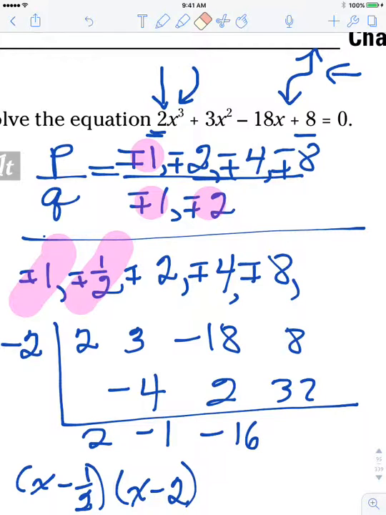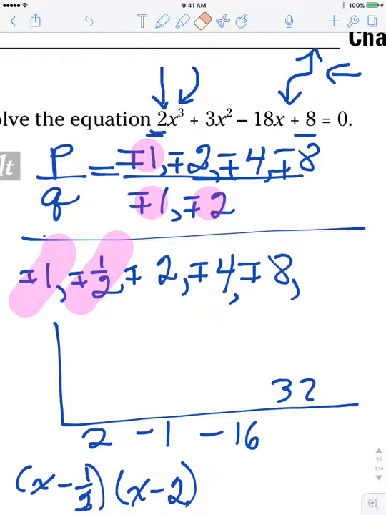That didn't work. Okay, so we had 2 positive zeros for this one, and we tried all the 2's.